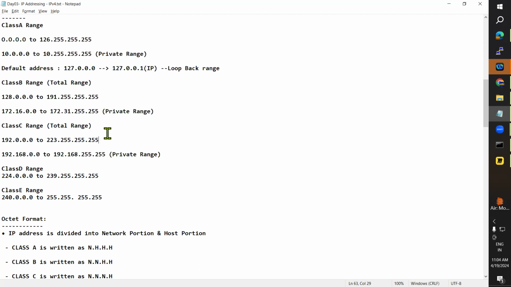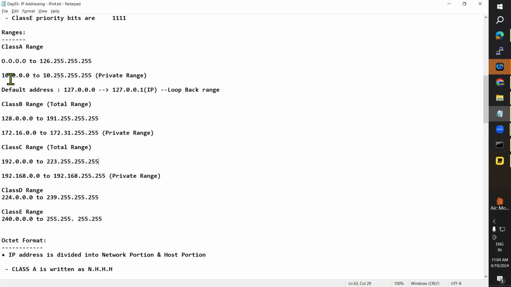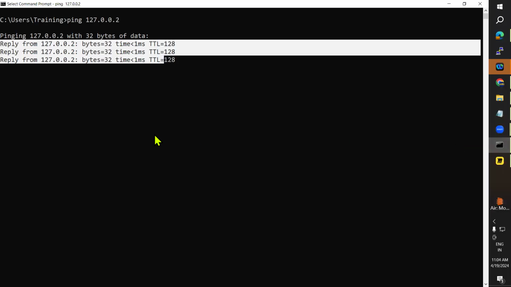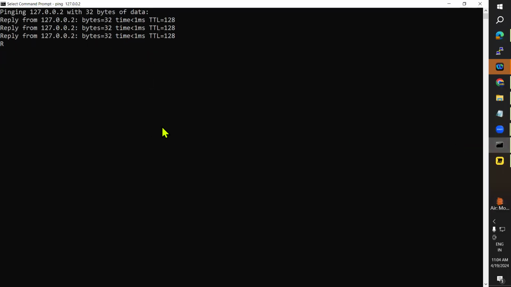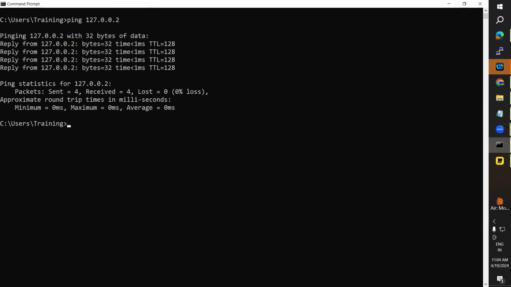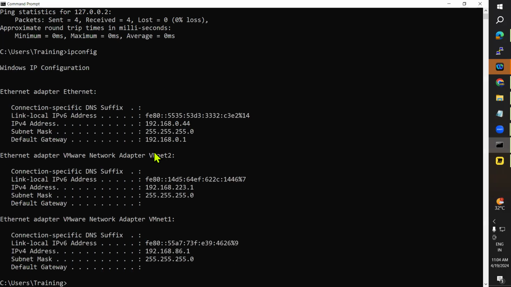Okay, so this is the class range, right? 0 to 126, and 128 to 191, and 192 to 223. Okay, you tell me, which class IP address is this?